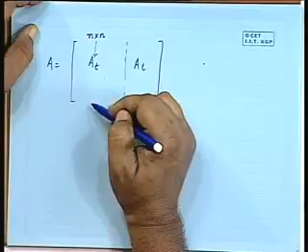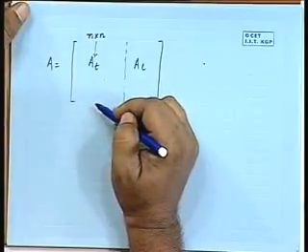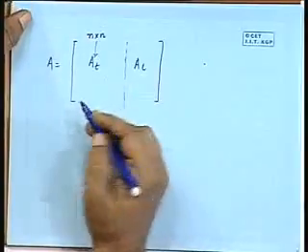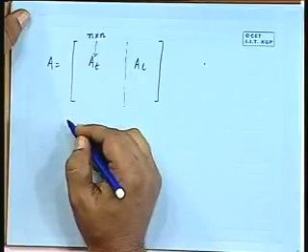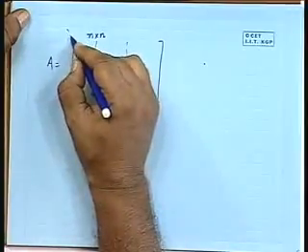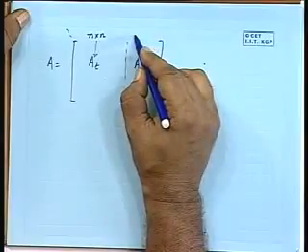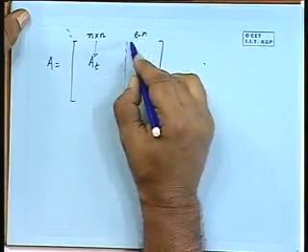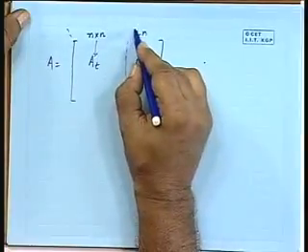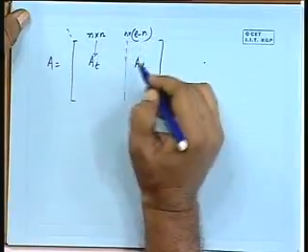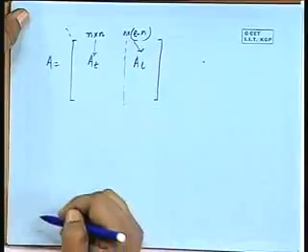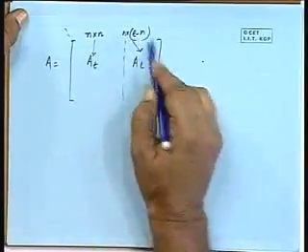The rest of the elements will be E minus n, so AL will be n by E minus n.